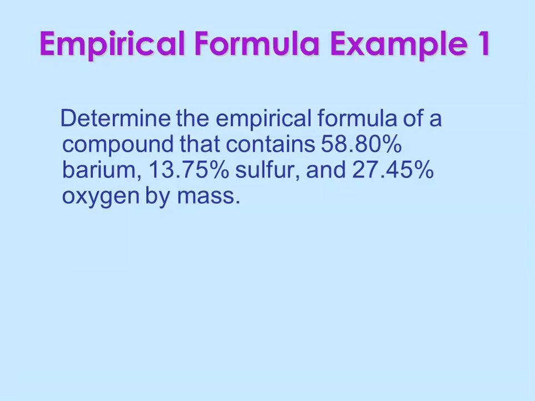Here you have the empirical formula that's got 58.80% barium, 13.75% sulfur, and 27.45% oxygen by mass. So if we had 100 grams of this compound, 58.8 grams of it would be barium, 13.75 grams of it would be sulfur, and 27.45 grams of it would be oxygen.